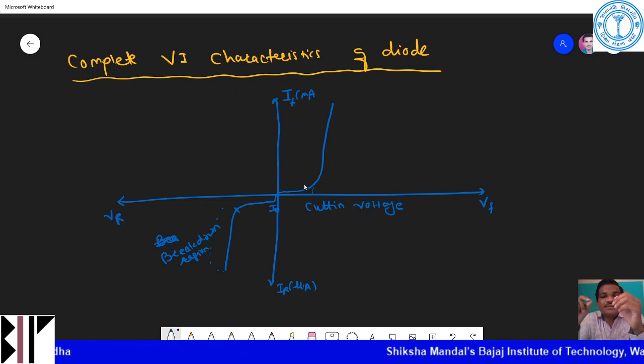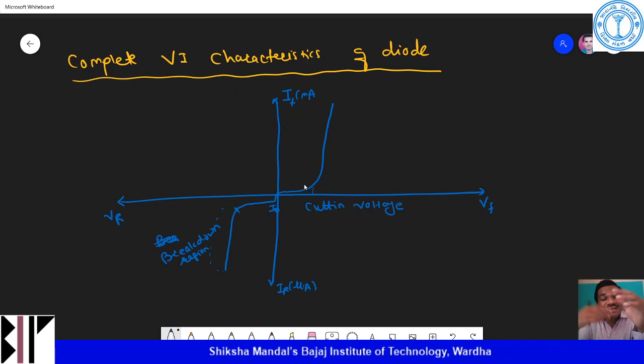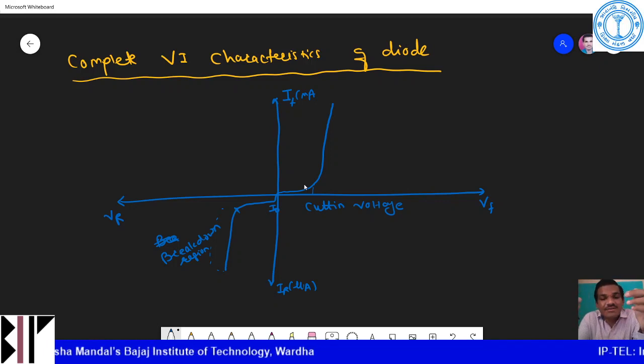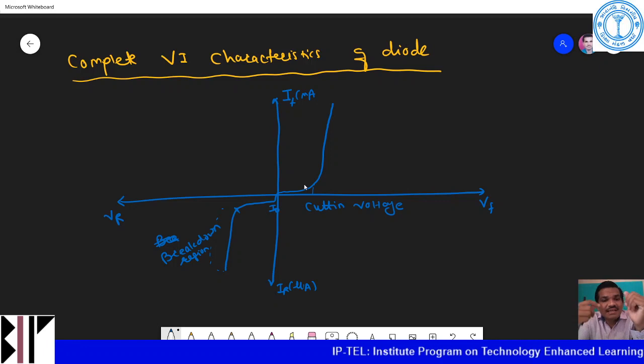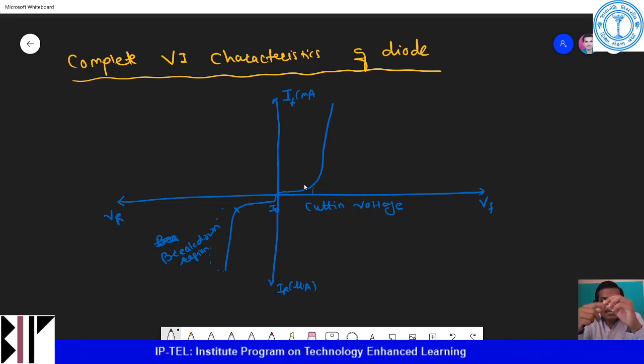At a certain voltage, when it approaches the barrier potential, your current starts increasing rapidly, or exponentially. The voltage at which your diode current starts increasing rapidly is called the cut-in voltage.